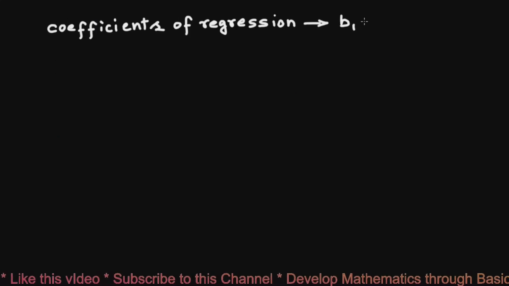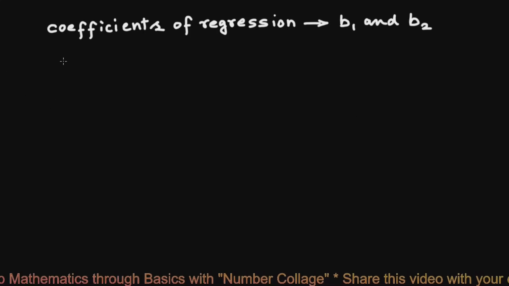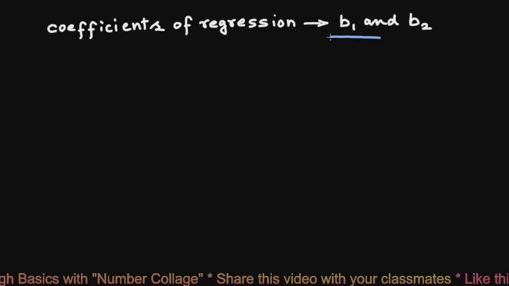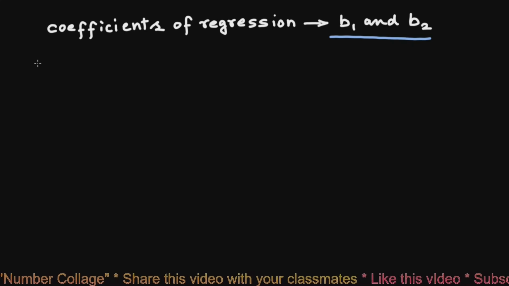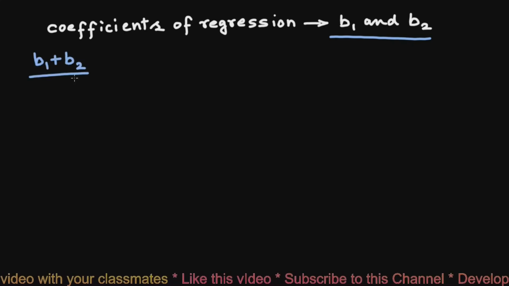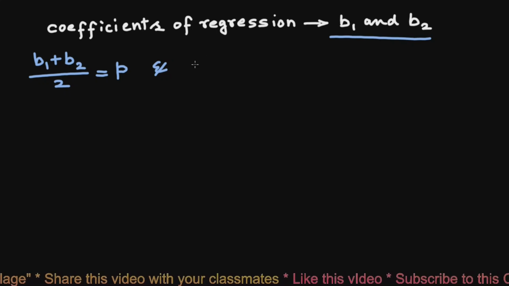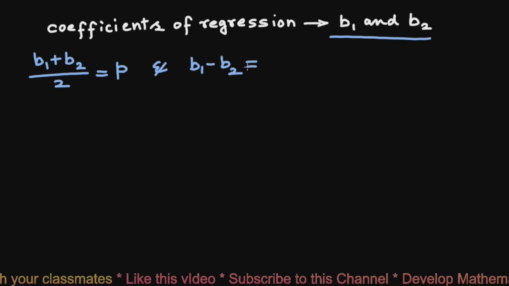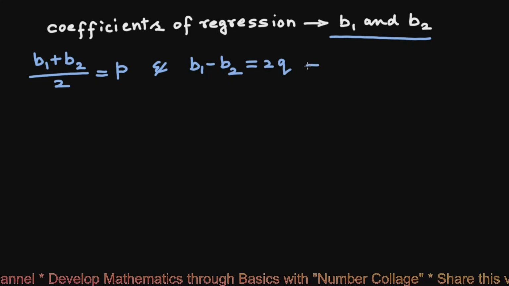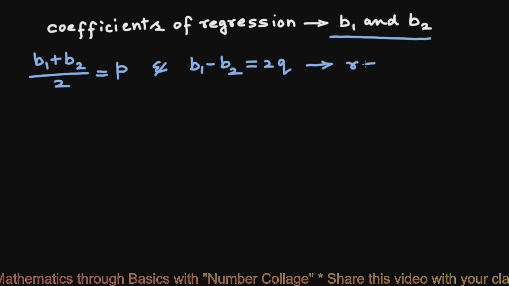Suppose coefficients of regression are b1 and b2, and if arithmetic mean of b1 and b2, that is b1 plus b2 upon 2, is p, and difference between b1 and b2, that is b1 minus b2, is 2q, what will be the coefficient of correlation r?